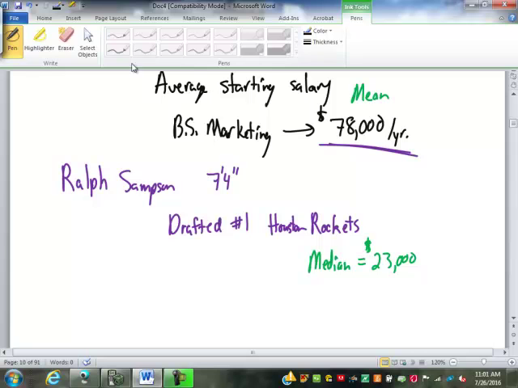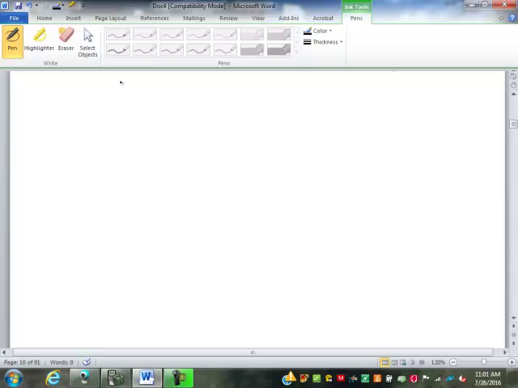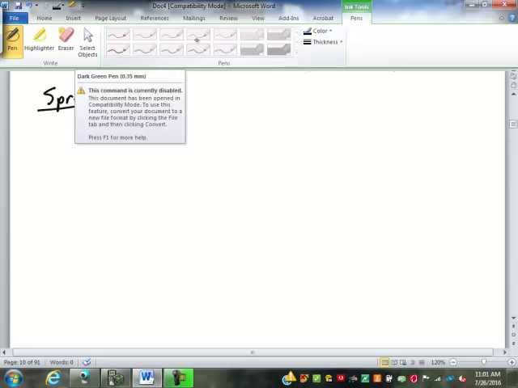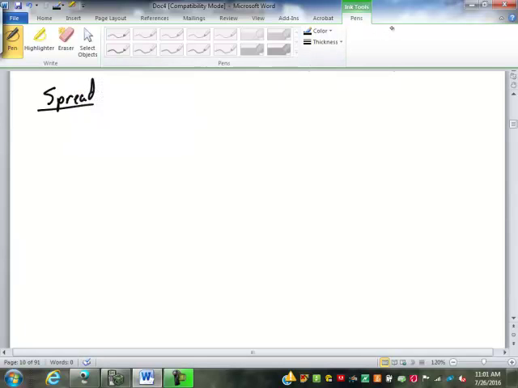Okay. For spread, if I want to talk about measures of spread, there's a few things I can do. And I'm going to give us a little bit smaller set of numbers here.